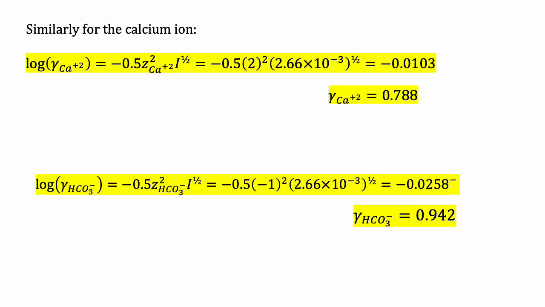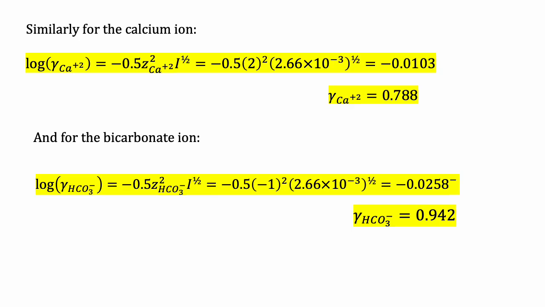So it's going to react, one way of thinking about this, as 80% of an ideal solution. This is beginning to get in the border range of where these activity effects for multivalent cations could be fairly significant in subsequent calculations.